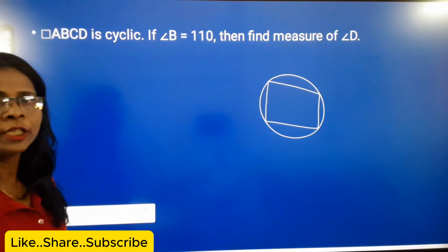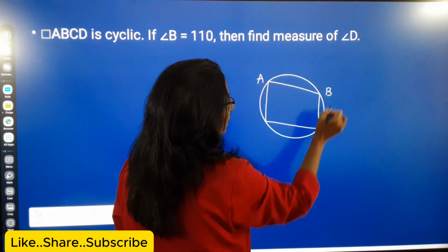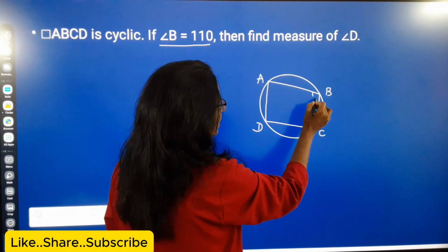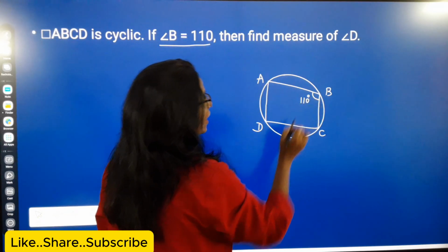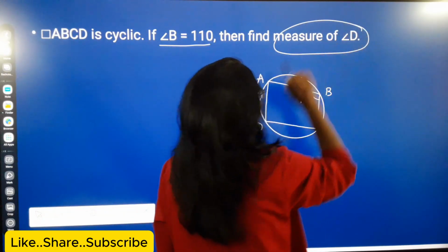Suppose it is ABCD, and here angle B is given, that is 110, and we have to find the measure of angle D.